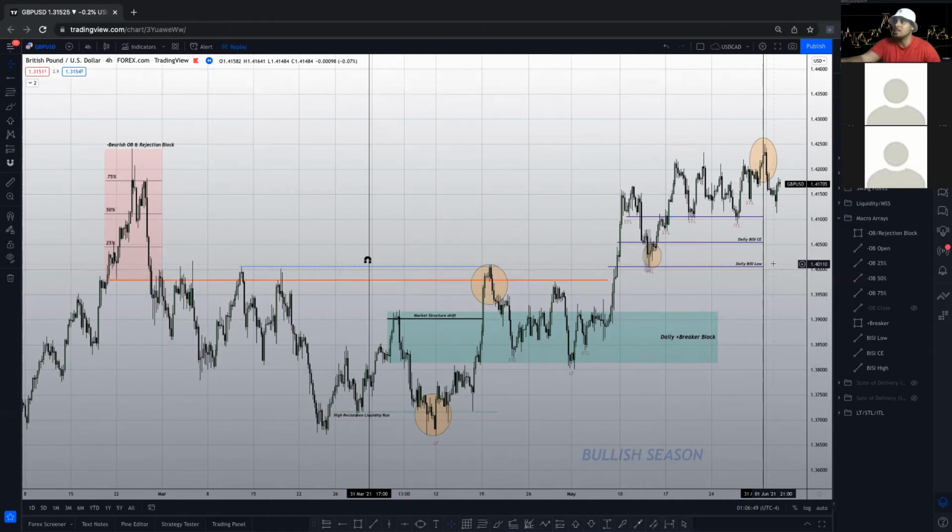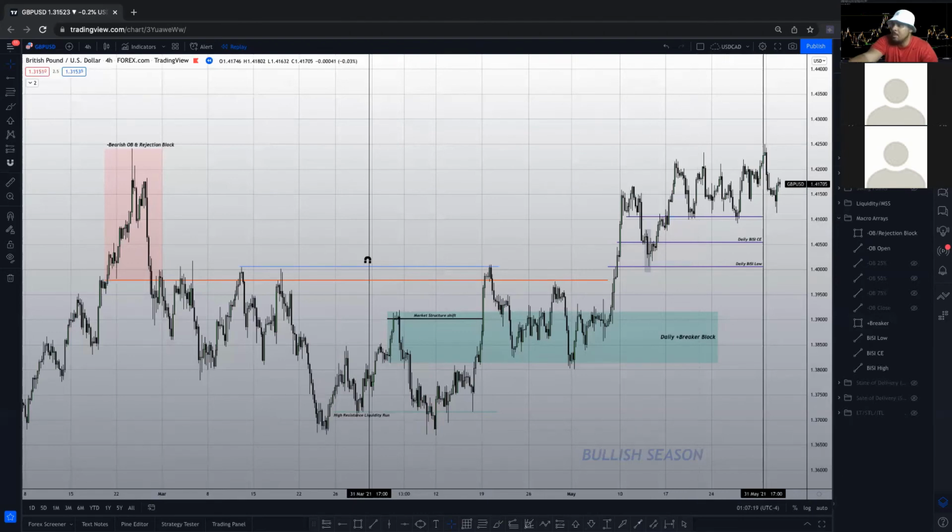We're respecting this array. If you take off half the stuff on here, like the swing points, right? And if you just look at the arrays like this, this is a very simply marked up chart.